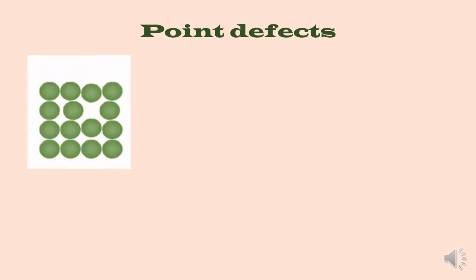In this slide we talk about the point defect. First type of point defect is the vacancy defect, or Schottky defect.